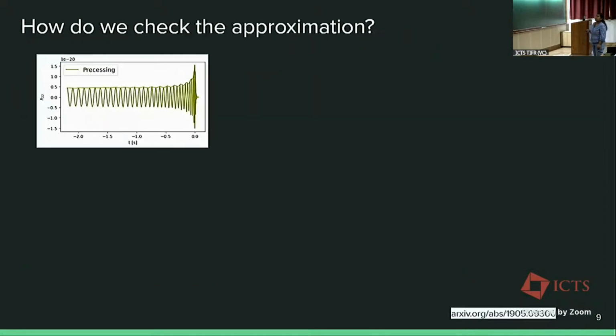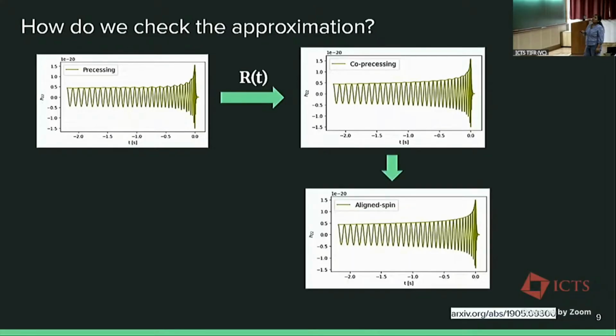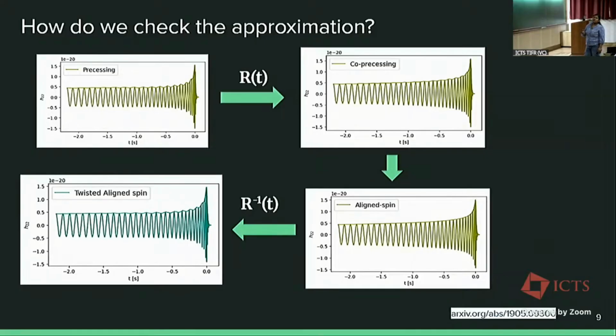So how do you check that? We take a precessing waveform mode and apply some rotation to get the co-precessing waveform mode. Then we identify the co-precessing waveform as an aligned-spin waveform. Then we apply the inverse rotation to get our twisted aligned-spin waveform. And finally, we try to see how much this twisted aligned-spin waveform mode overlaps with the actual precessing waveform that you started with.